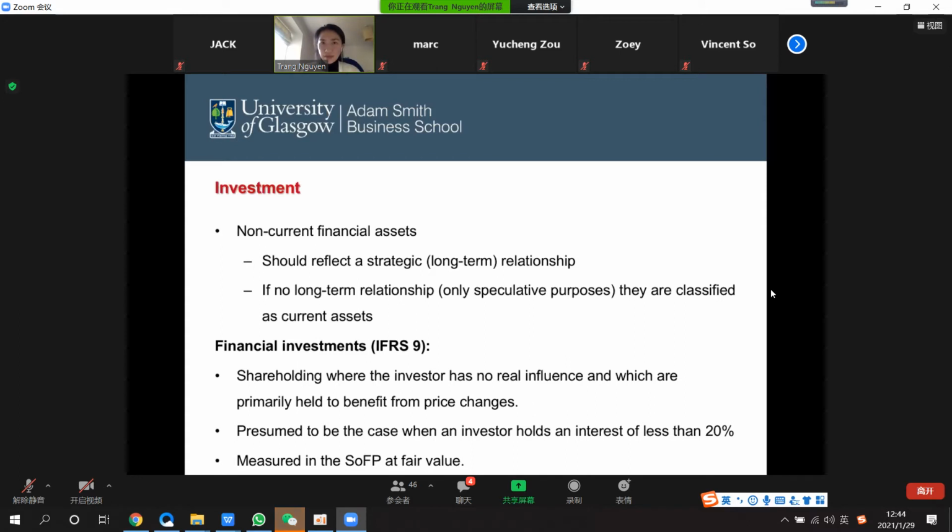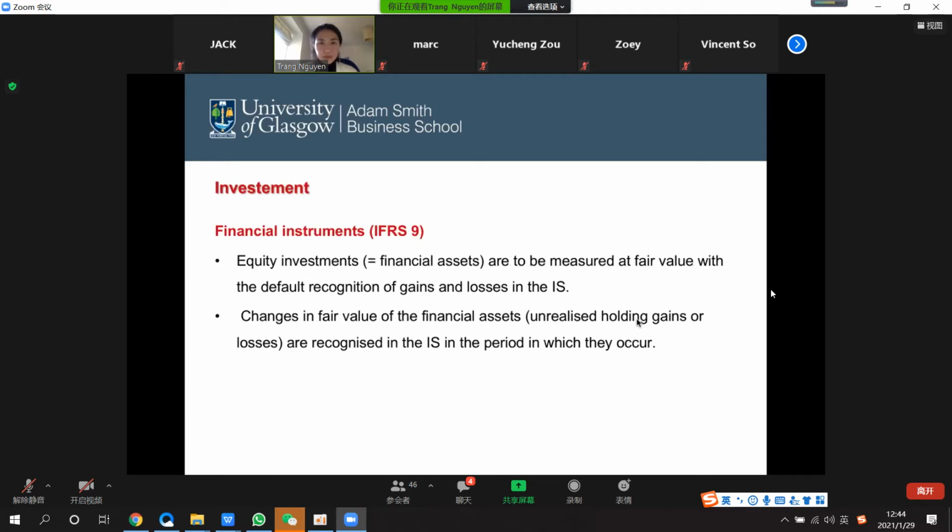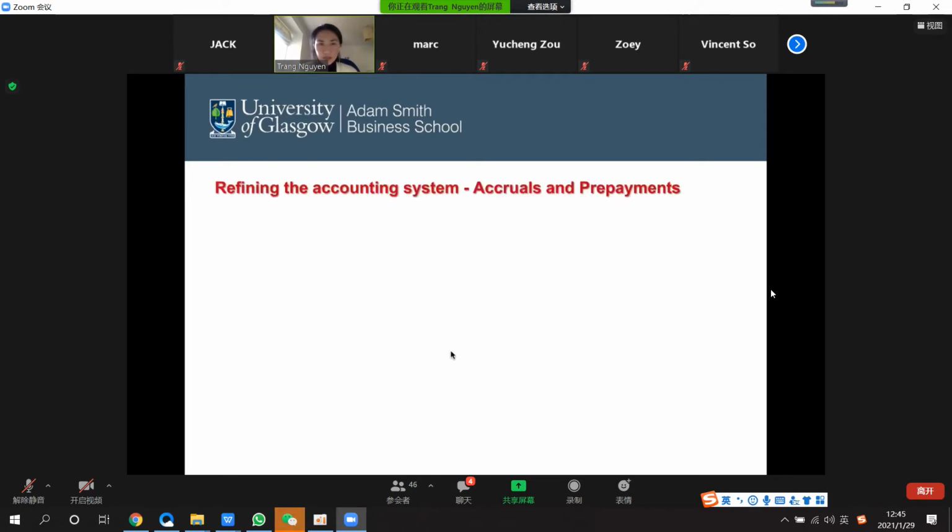But if it's in the item of other comprehensive income, it means that the financial assets or financial liabilities are in a state not available for sale. Okay, so that is about investment, recognized in the income statement.